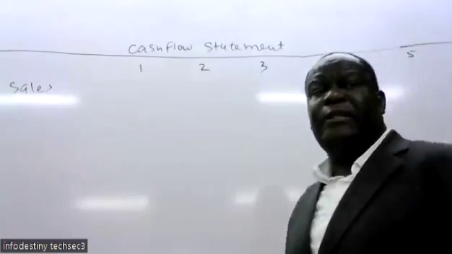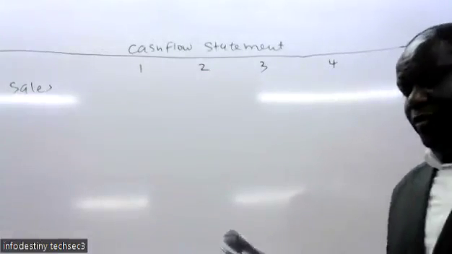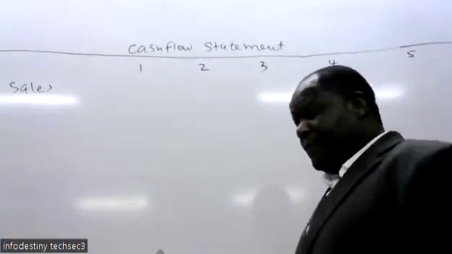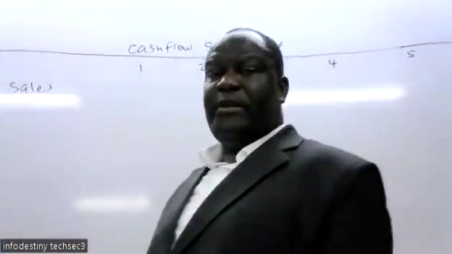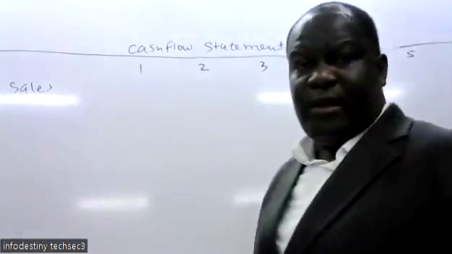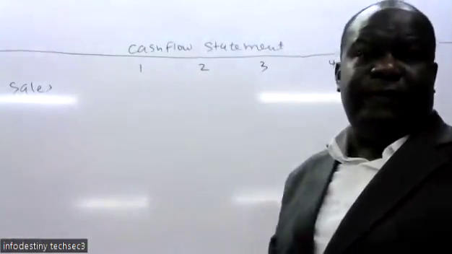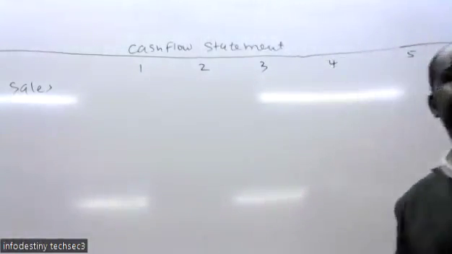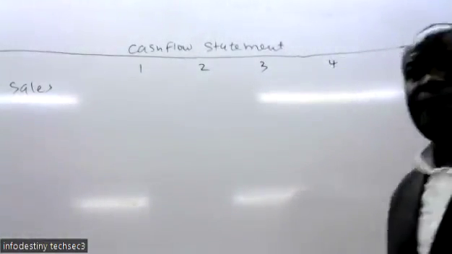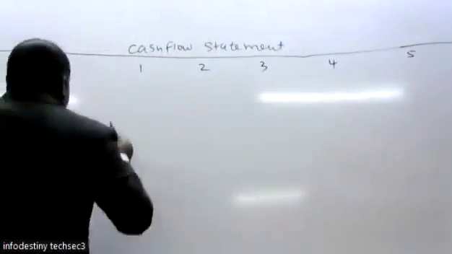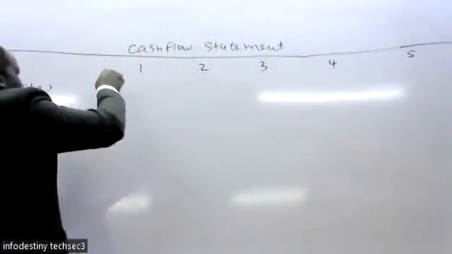So to get the sales for year one, take 20,000 multiplied by 45, because the selling price per unit is 45. That gives us 900,000.